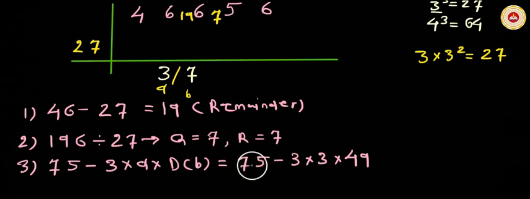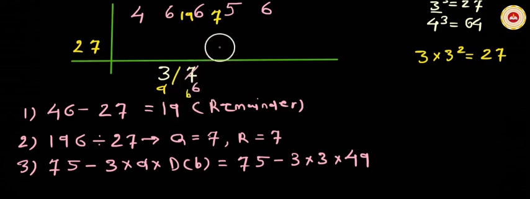So we will have a negative net dividend here. So let us reduce this 7 by 1 and write 6 here. See friends, the net dividend will be negative if we subtract this term from 75, which is the gross dividend. So we have to reduce the quotient by 1.